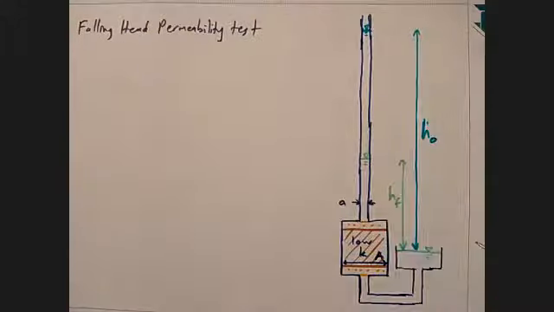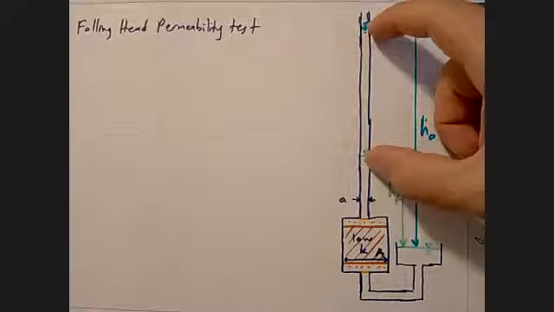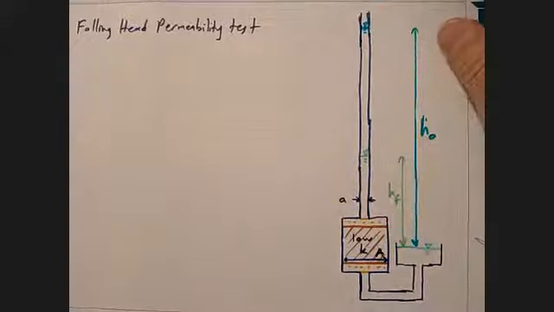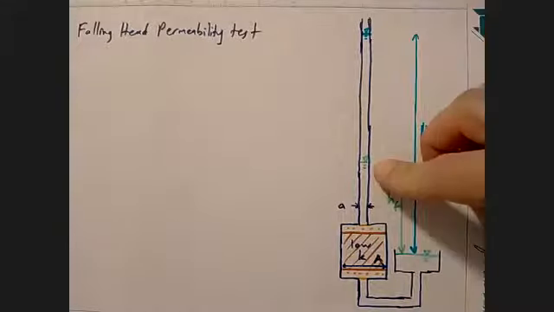So your head starts from H0 and goes to H final, and this much is the volume that has flown. But this time we have something slightly different. The difference is now head is variable through the test.